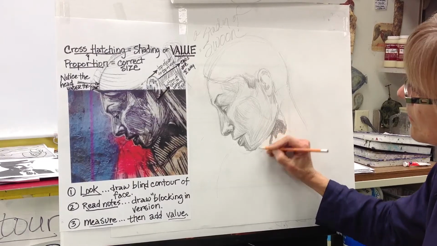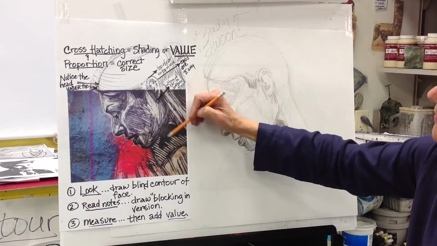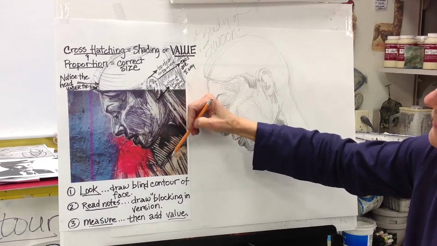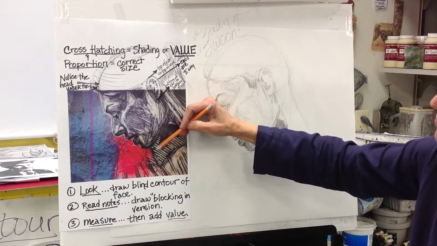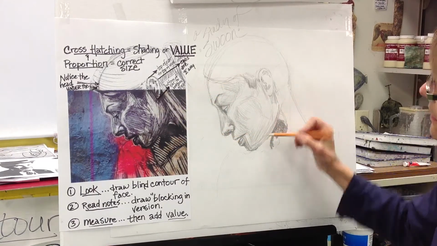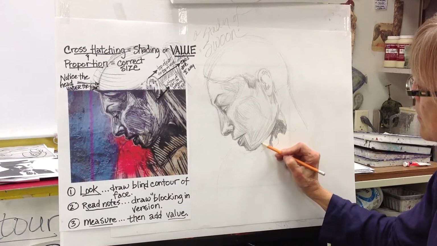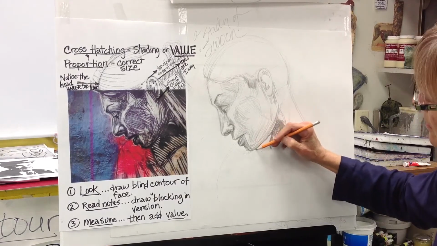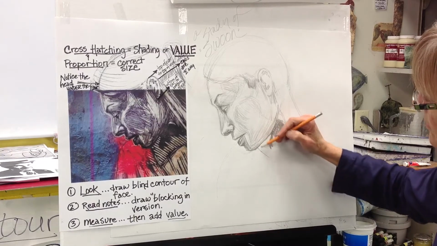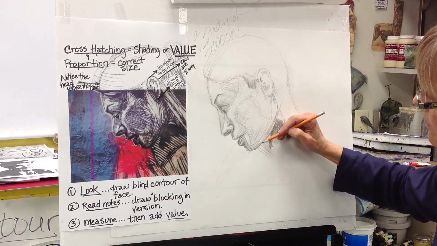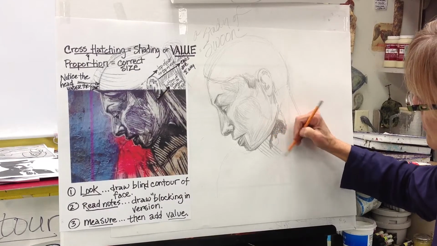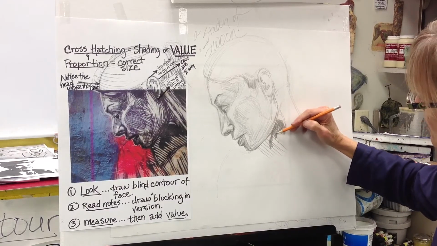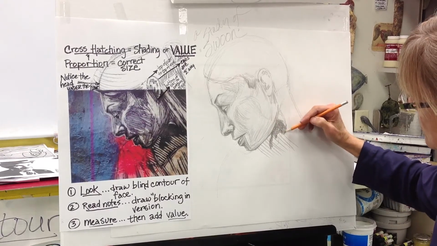So, notice with this piece that these cross-hatching lines are much bigger, and they really do a nice job of separating the face from the chest of the person. So I think that's a very important thing to notice. And they are quite bold.